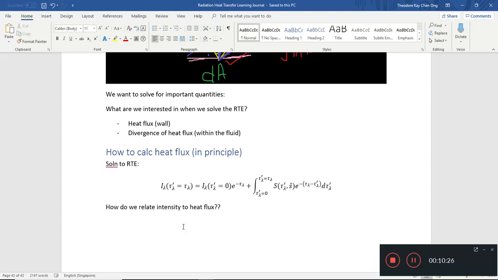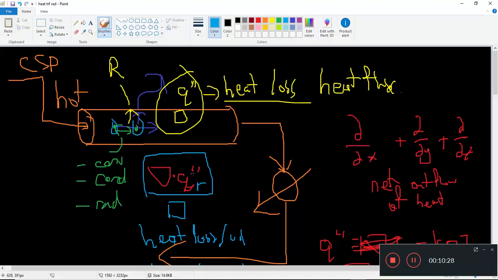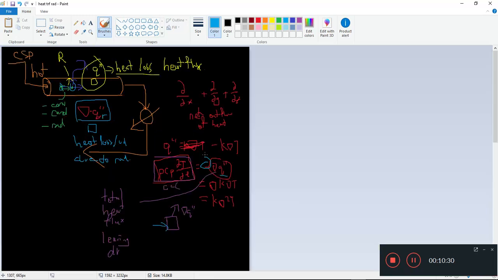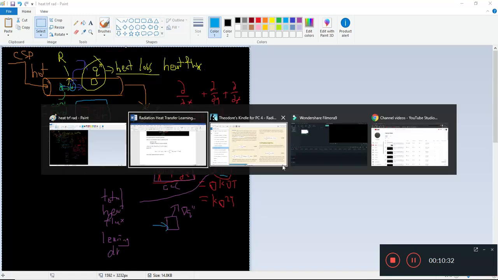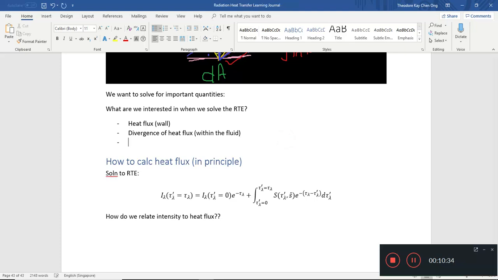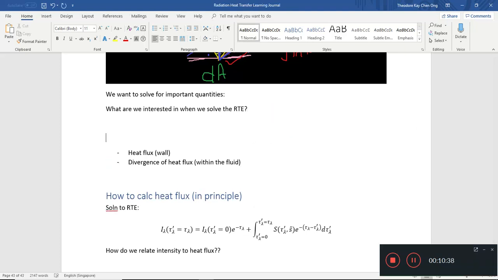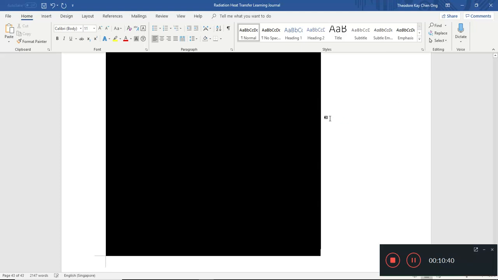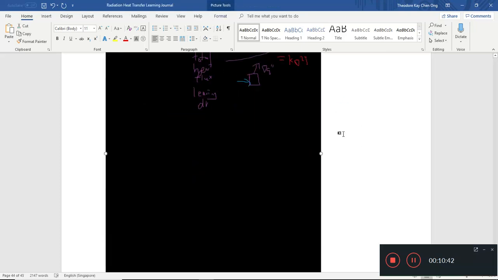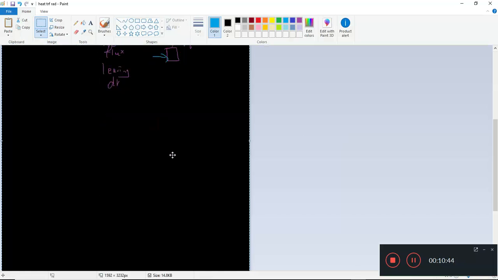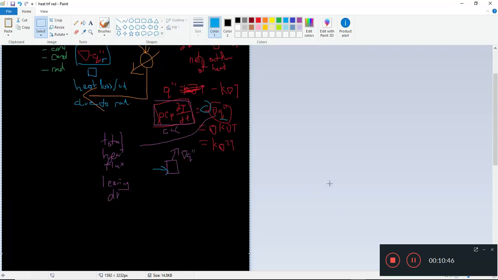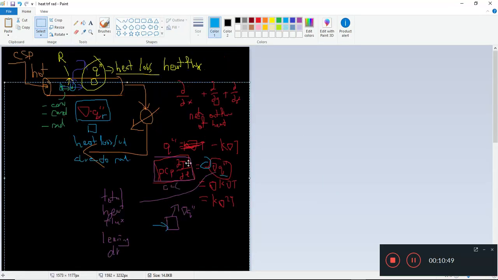So again, we will need to bring up our handy dandy paint. I'll just copy and paste this here. Maybe I'll just take up the top part.